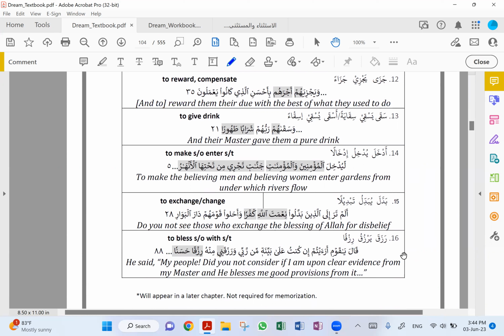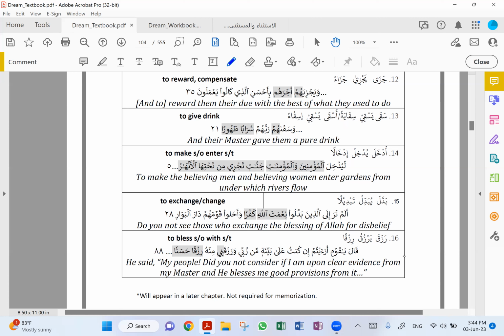Another thing you can do is to put them in aslama family. Another thing you can do is to put them in allama family, and so on and so forth. So you will see that most of the words, I'm not saying all the words, I'm saying most of the words in aslama family have the meaning of to make someone do something, or like to give someone a drink, to make someone enter. Dakhala is lazim.